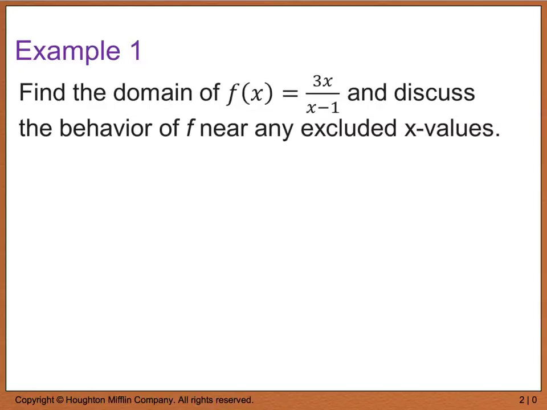So to look at our domain, the first thing we're going to do is find which values for x set that denominator equal to 0. So when we solve this, we find that x is equal to 1. So our domain then is going to be all real numbers except x is not equal to 1.